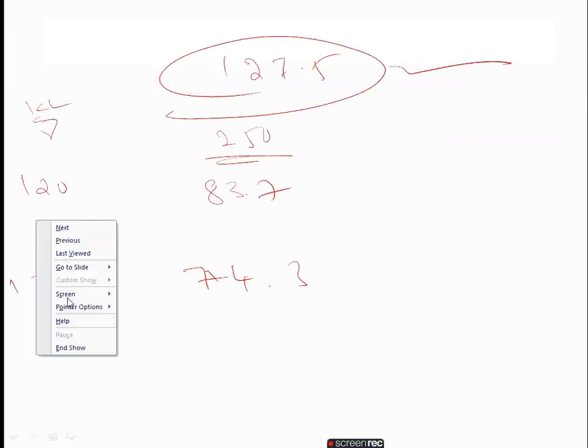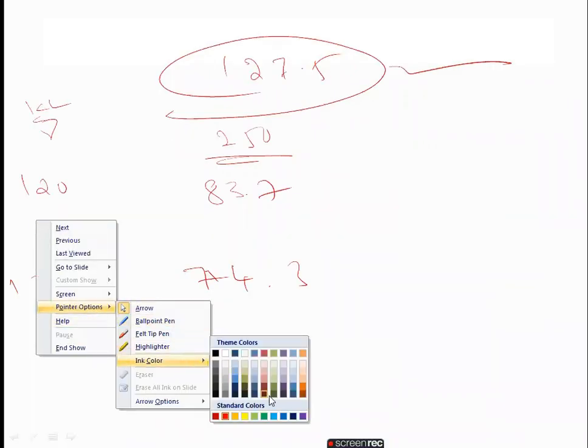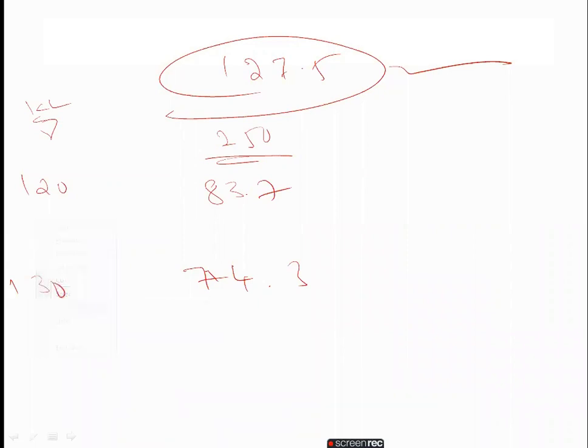Our value is located here, that is 127.5. Now for this case you have to calculate the value by interpolating. How do we do that interpolation?